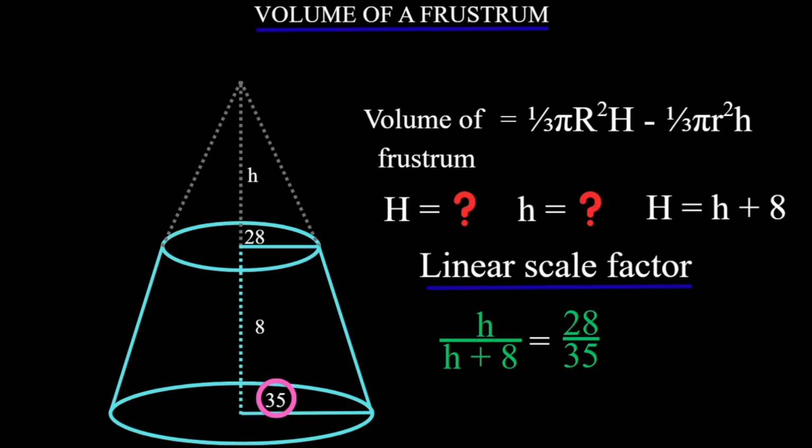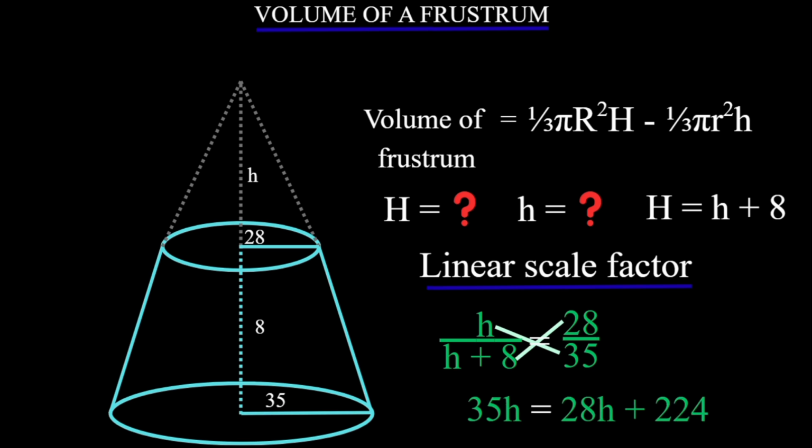So we shall do cross multiplication for us to solve for the value of h, and we shall have this as h multiplied by 35 is equal to 28 in bracket h plus 8. H by 35, that gives us 35h. Then when we distribute 28 to the bracket, we shall have 28 by h plus 28 by 8. 28 by h, that is 28h, then 28 by 8, that is 224.